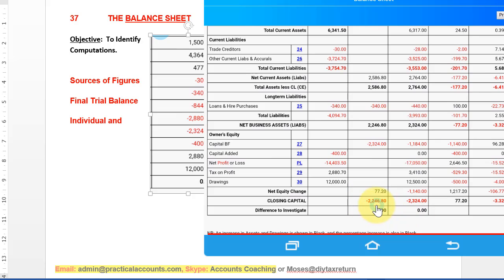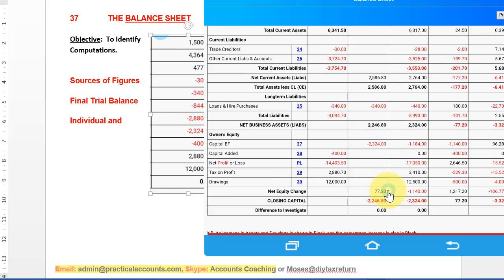Now, how do we get to the closing capital? We've got the capital brought forward of 2,324. We've got the capital added of 400 plus the net profit minus tax for the year and minus drawings. So out of the monies received, the profit made, the tax paid, and the drawings, there is a negative figure of 7720.